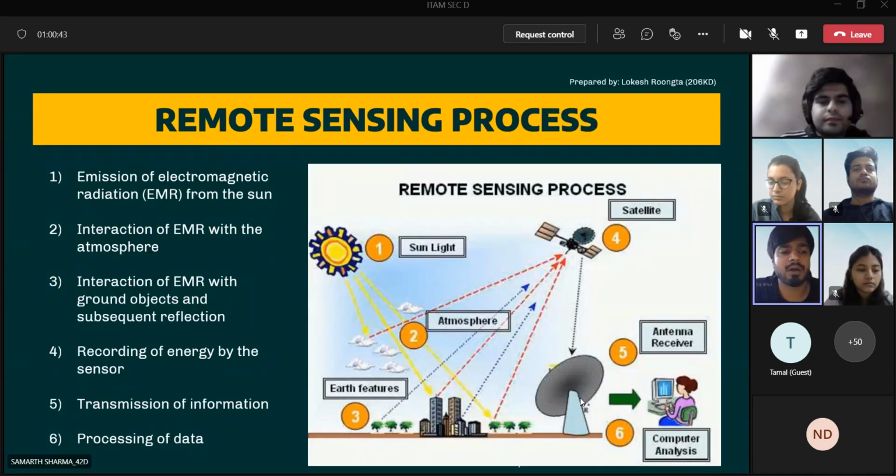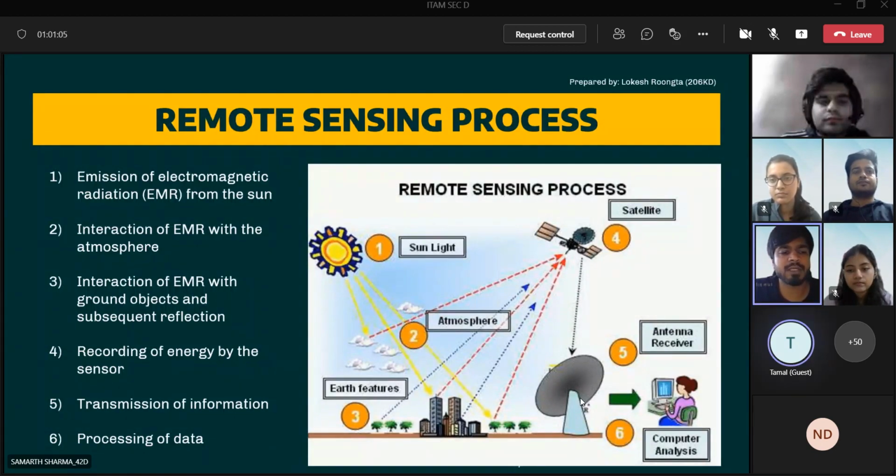field will be receiving. In the third step, as we can see, the interaction of EMR with the ground objects and subsequent reflection. Through that, it can help the farmer in marking the GPS territory of the whole agricultural field, and also keep a check on the crop health.